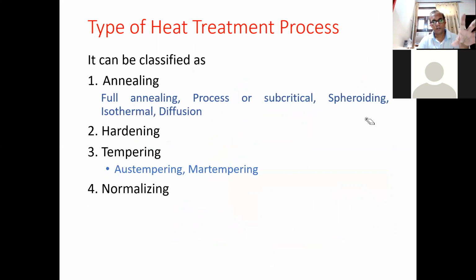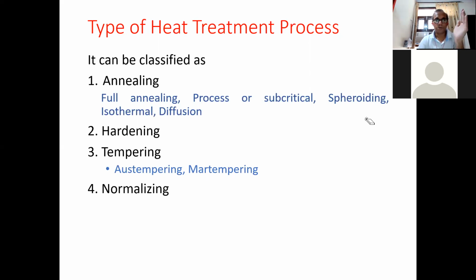There are certain types of heat treatment processes: annealing, hardening, tempering, and normalizing. Now we will go into the detail of these processes: how annealing is different from hardening, how hardening is different from tempering, how tempering is different from normalizing, and which particular process is suitable for which particular steel.